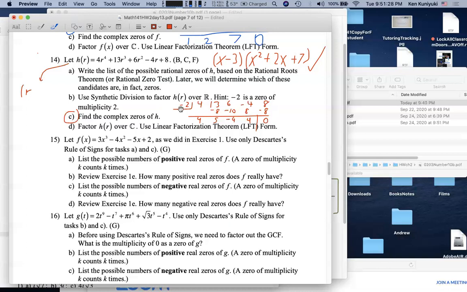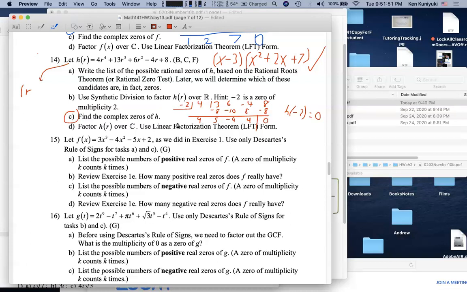So -2 is a zero. This is telling us by the remainder theorem, h of -2 is 0. That means -2 is a zero of h.